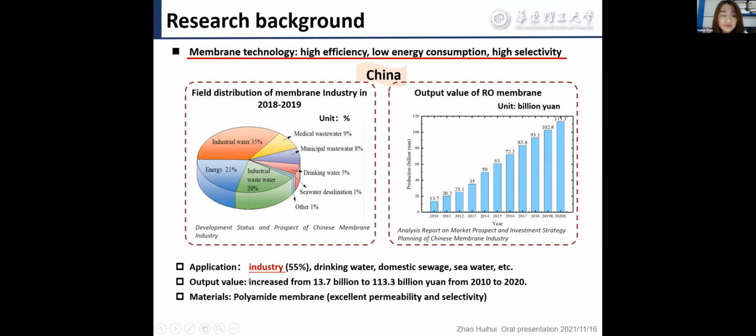And the output value increased from 30.7 billion to 16.3 billion yuan from 2010 to 2020. And the polyamide thin film composite membrane, the TFC membrane, is most used in membrane technology due to its excellent permeability and selectivity.